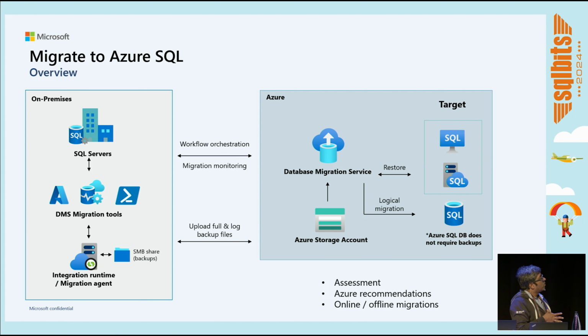While offline is easy because you just have to do the migration one time, it has a longer downtime. So if you have a sensitive RTO, RPO, then offline might not be the right way. That's where the online migration comes into the picture.